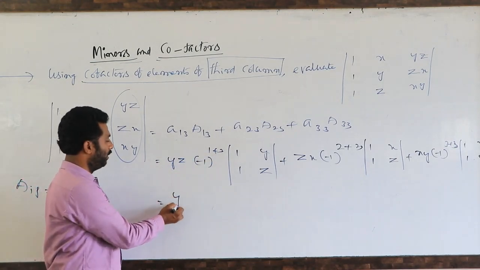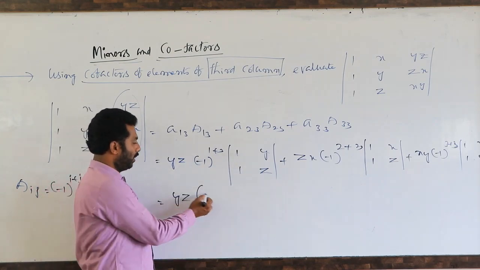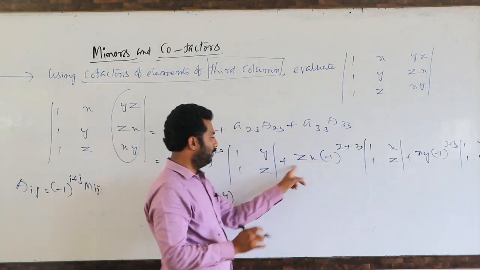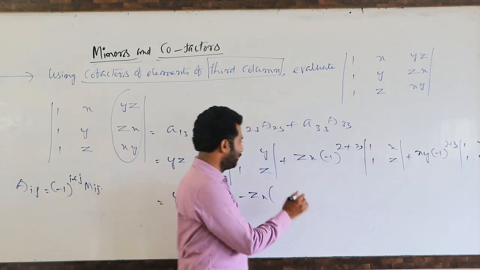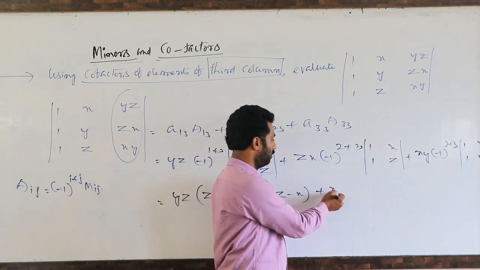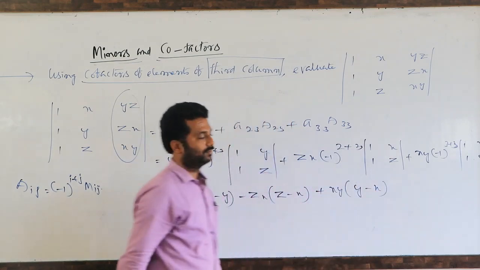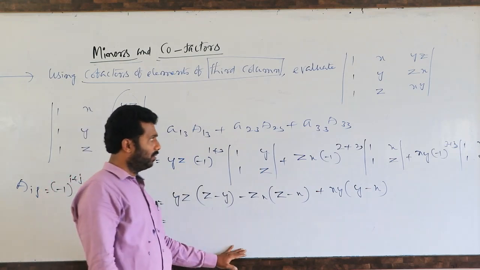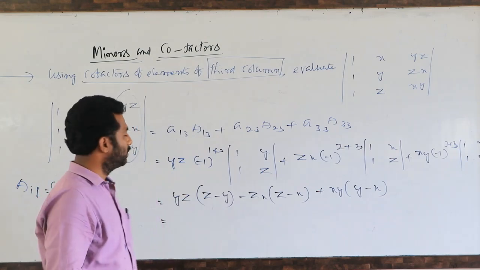This is yz into z minus y. 2 plus 3 means 5, so this is minus zx into z minus x, plus xy into y minus x. You observe, actually you can stop here only, but they are asking the answer in the form x minus y, y minus z, z minus x like that.